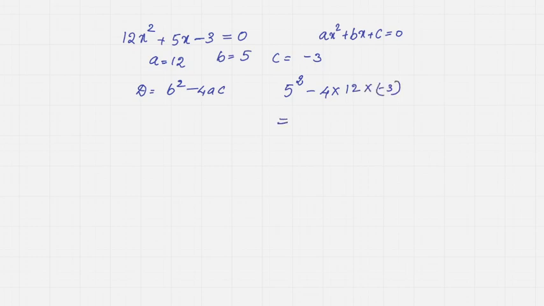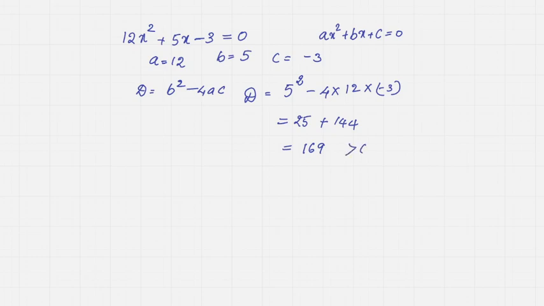So 5 square is 25, and minus 4 into minus 3 will become plus. Minus 4 into minus 3 is 12, plus 12 into 12, that is 144. So we will get the answer 169. So D is 169.